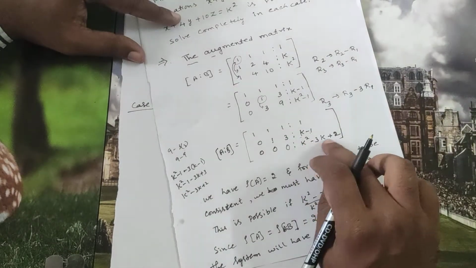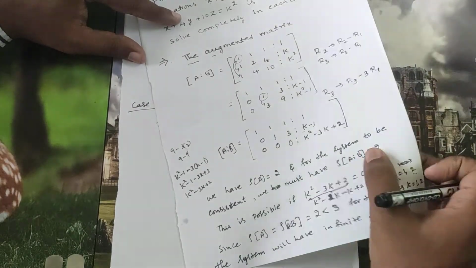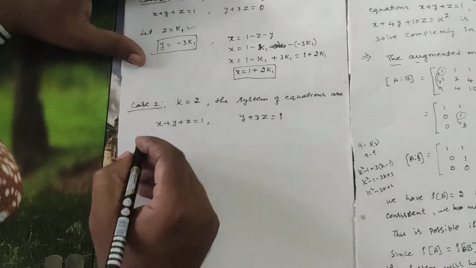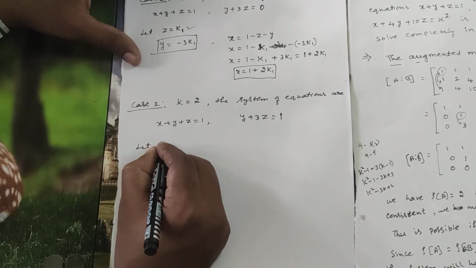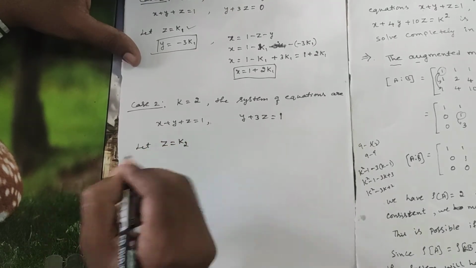Now here this term becomes 0. Now here you have to take z as k2.